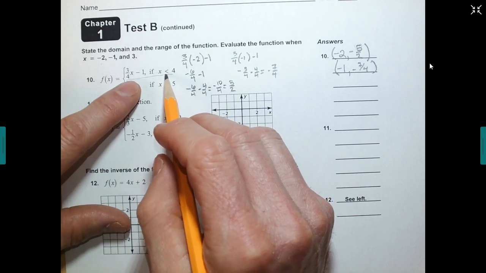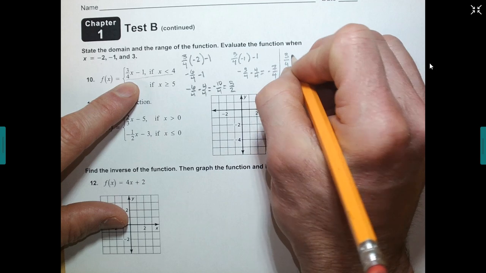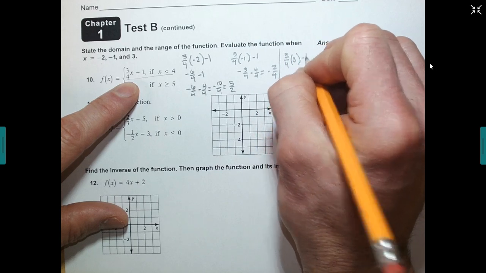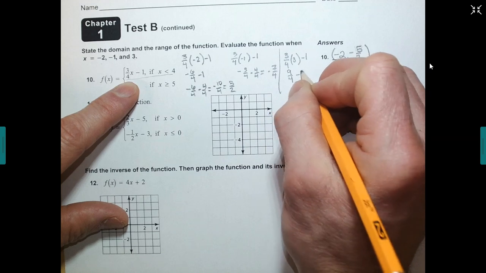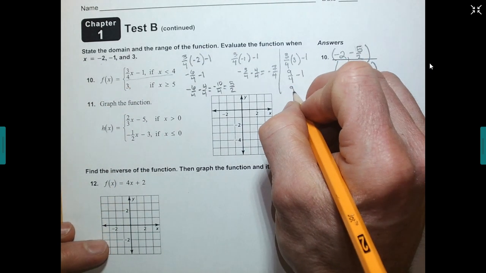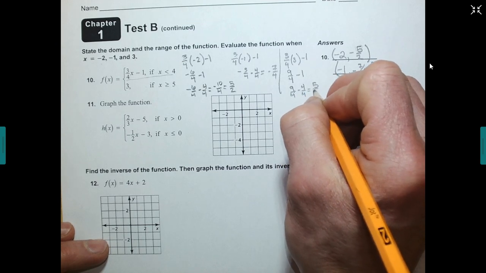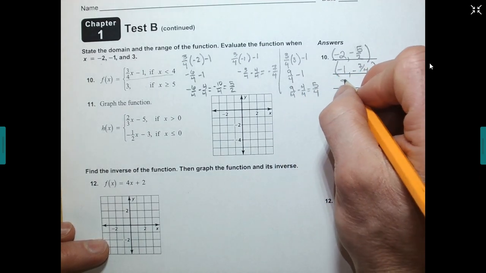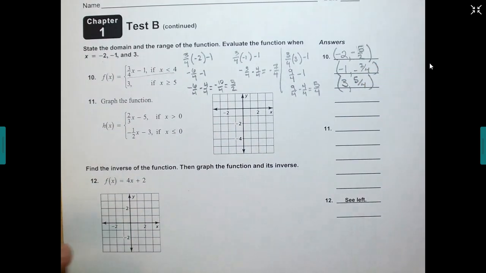Well, that's the same one. So we have 3/4 times 3 minus 1, 9/4 minus 1. So it's 9/4 minus 4/4 is 5/4. Okay.